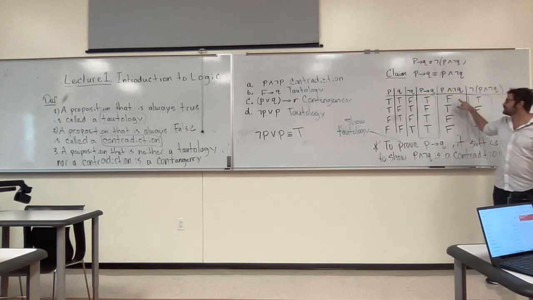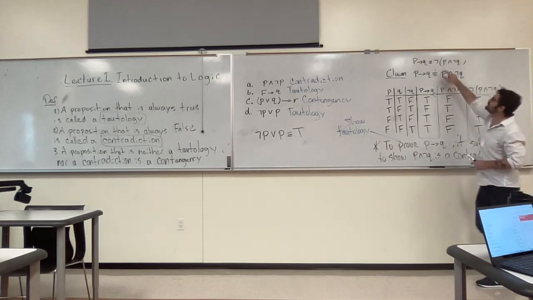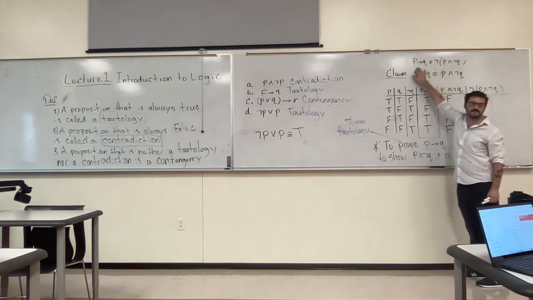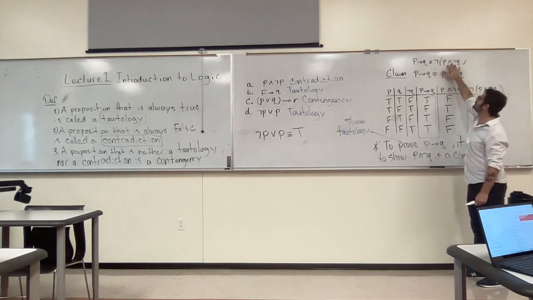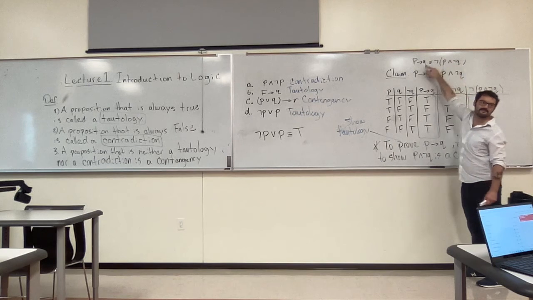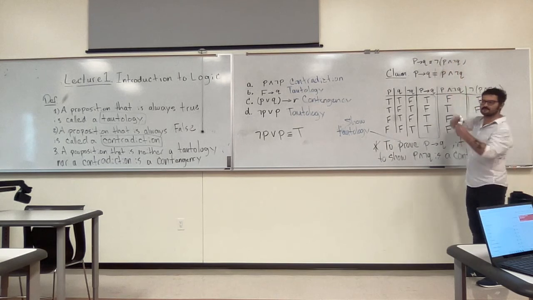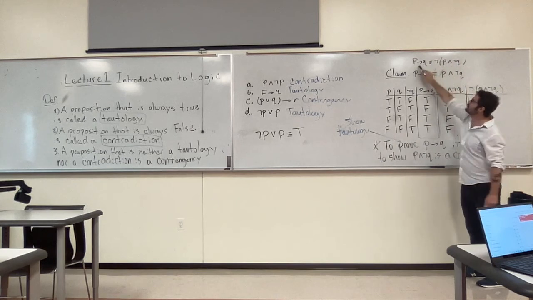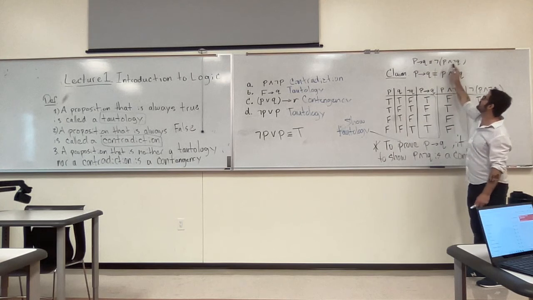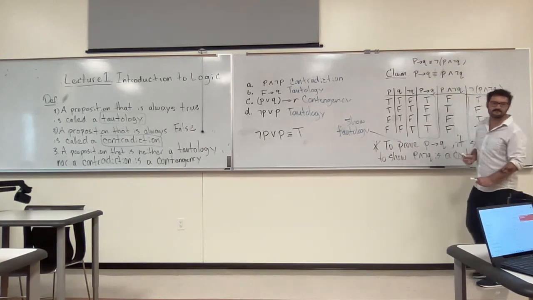Close. It's because this is the negation of the original thing. So if this is always false and negated, we have this is always true. Does that make sense? To show that this is always true, it suffices to show that the inside here is always false.